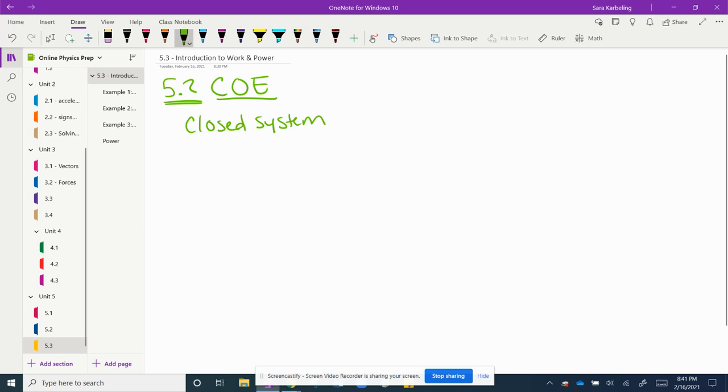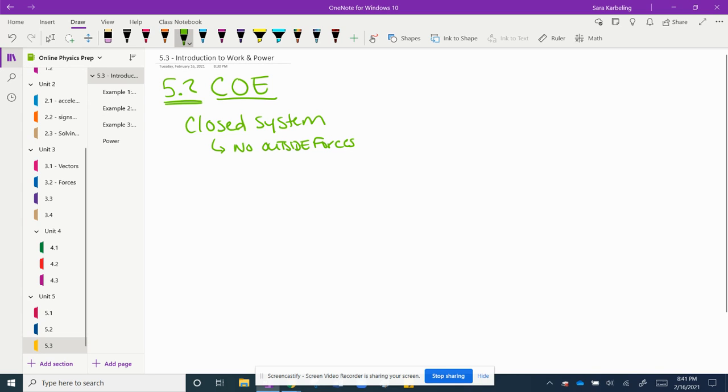And a closed system, as we said, is one in which there are no outside forces. So depending on how you define your system, it can include the Earth, in which case gravity is an inside force. It's not an external force acting on the system.